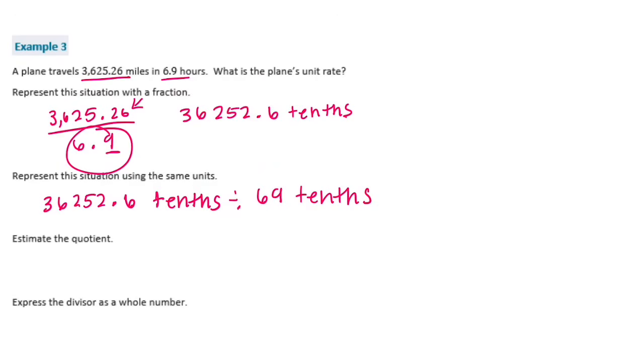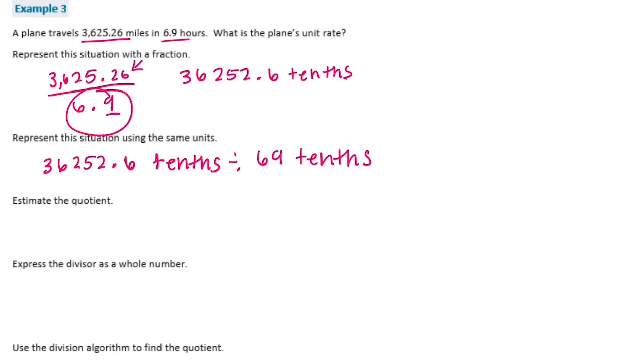69/10. So let's estimate the quotient. So we need to round these to some numbers that we can easily divide by. So let's see, 36,252. I need to get 36, and maybe I'm going to change this into either 6 or 7, 60 or 70.